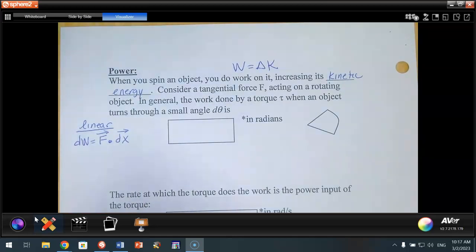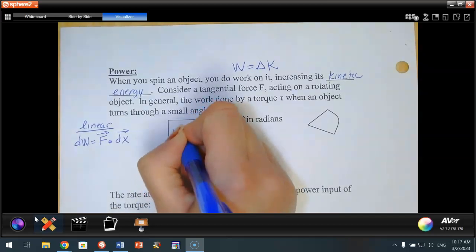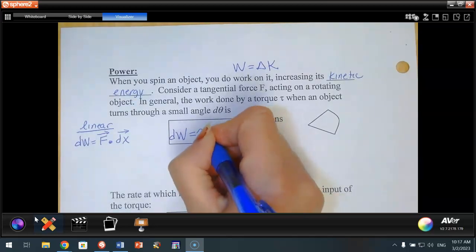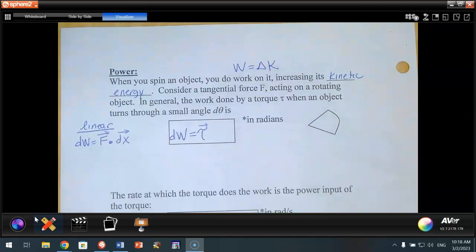When we go to angular or rotational motion, we just replace the variables with what we know their equivalent is. Now, work is still work, so we don't change the variable for work. It's still dW equals. Instead of F, force associated with rotation is kind of like torque, so this is going to be changed to tau, just torque.